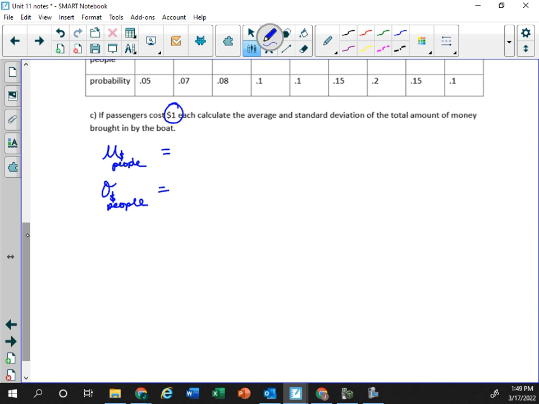All right, guys. So, what do you think? What's the mu of money with people this time? How much money are you getting per trip with the people? Excellent. $4.73. What a moneymaker. Okay. So how do you do that?